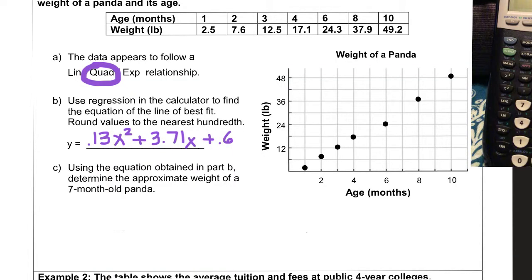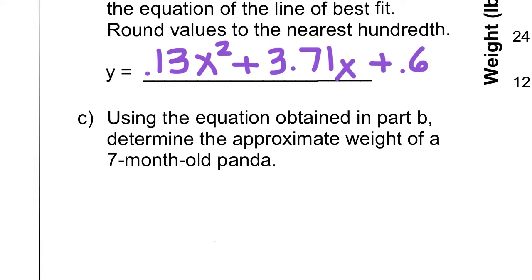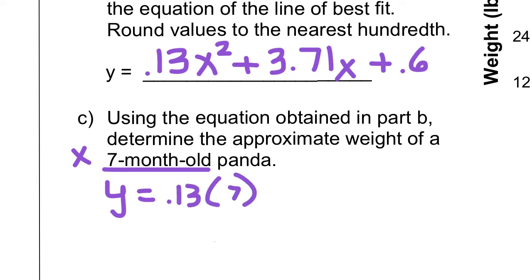Now that we have our equation, we can use that equation to determine the approximate weight of a 7-month-old panda. Remember that the 7 refers to the x value. So to find the y value, we'll simply substitute the x value into our equation.